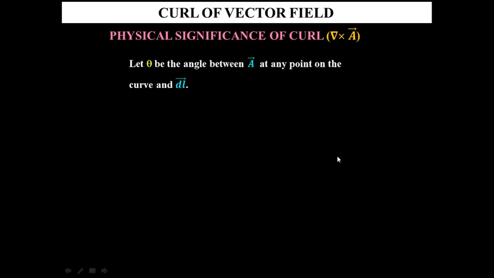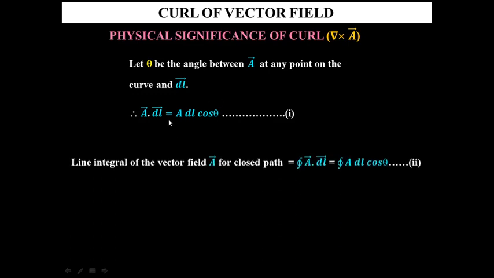Now we will consider the dot product between the vector field and this small element vector, that is A vector dot dl vector. By the definition of dot product, we know that A vector dot B vector is AB cos theta. So here A vector dot dl vector is nothing but A dl cos theta. Suppose this is equation number 1.